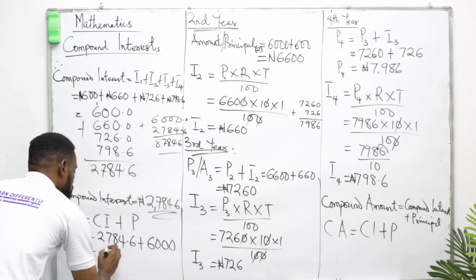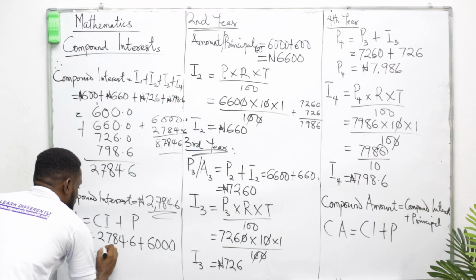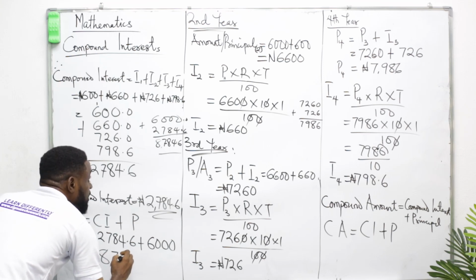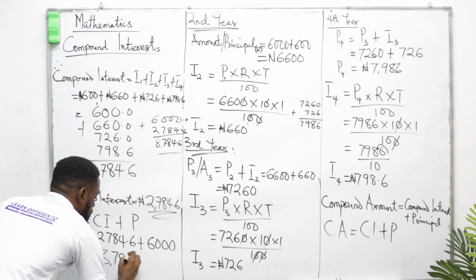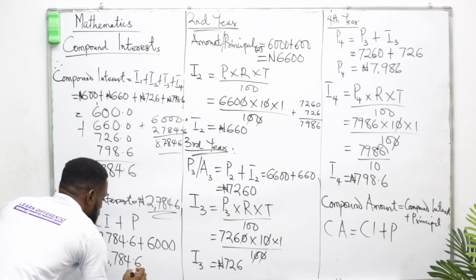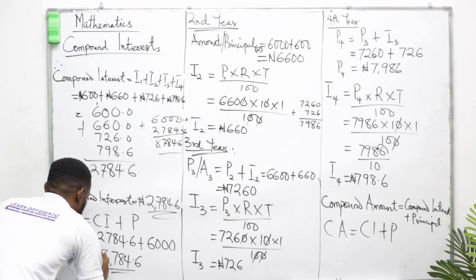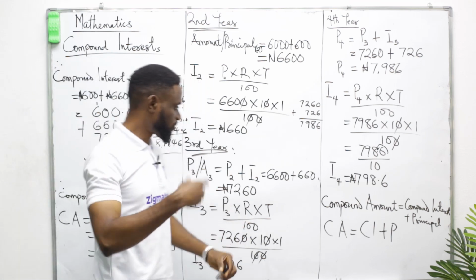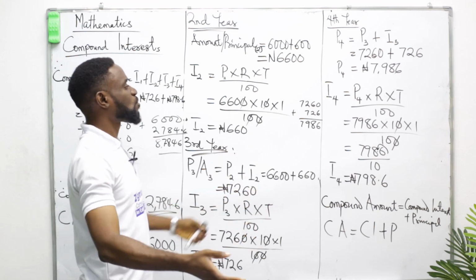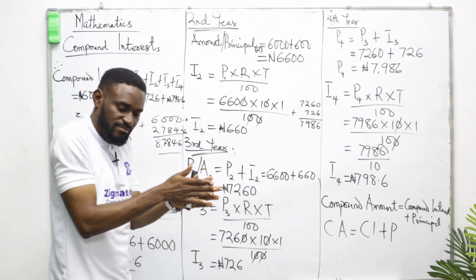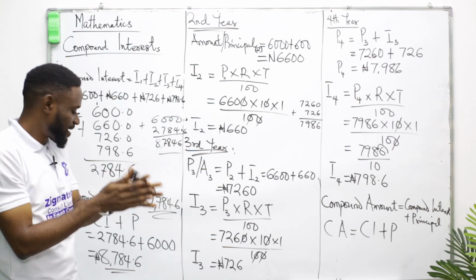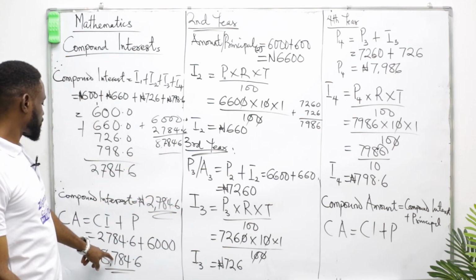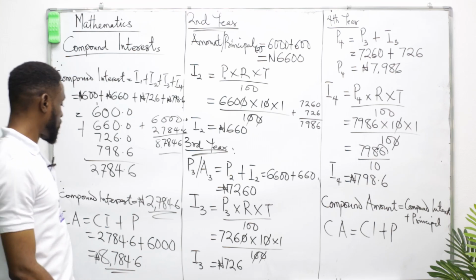So this gives us 8,784.6 naira. So the compounded amount at the end of this particular year, what this person gets in total, is 8,784.6 naira.